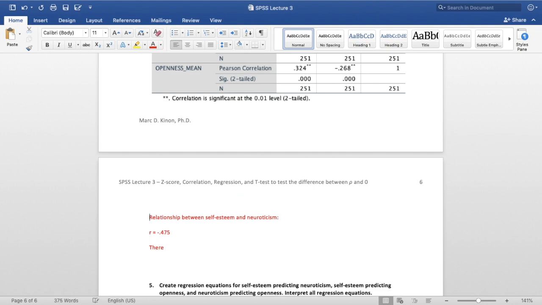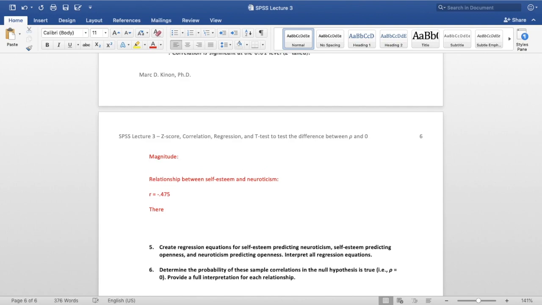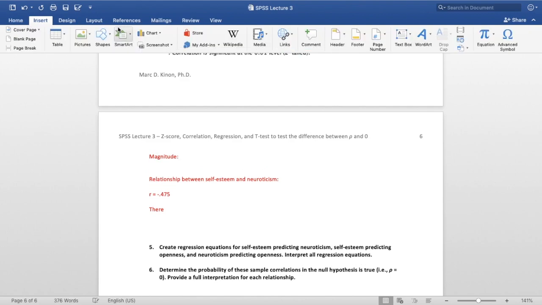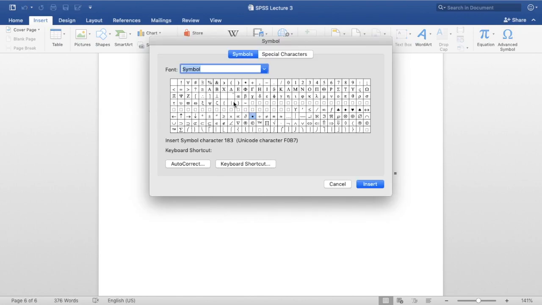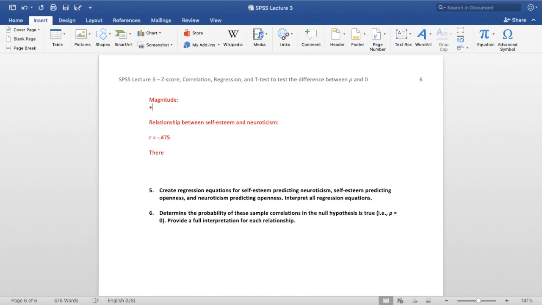Okay, so I'll just put this in writing. Regarding the magnitude or size of the correlation, remember that I'm looking for the plus or minus symbol. Usually it just appears. I'll find it later and put it in my notes online. But basically, we'll do plus slash minus.